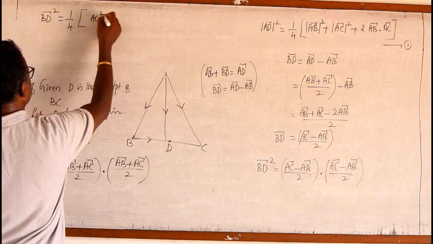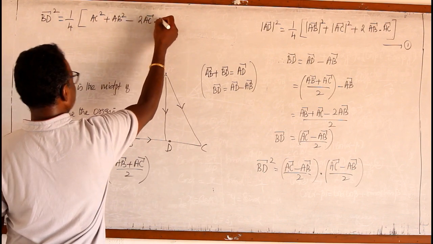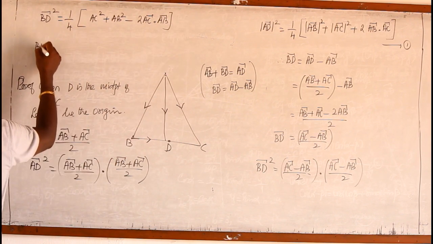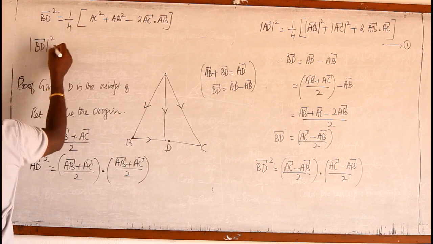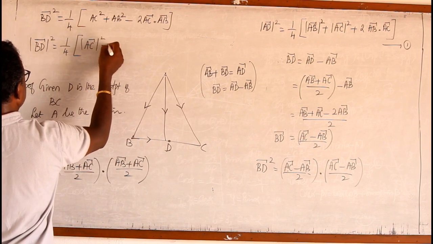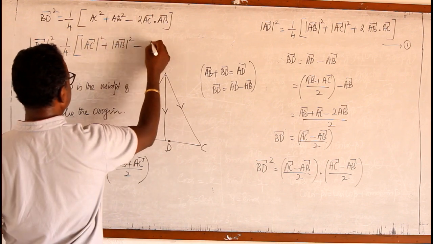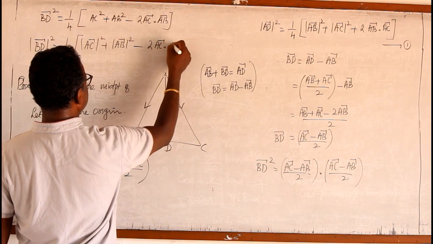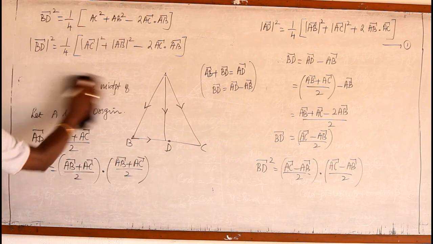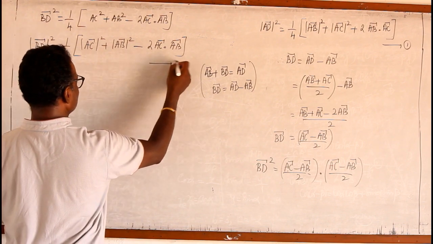So AC square plus AB square minus 2 AC dot AB. So it is BD square equal to 1 by 4 into modulus of AC square. In a square I can put modulus or I can even omit modulus, but in the dot product we cannot do anything. So AC dot AB. Now we shall add 1 and 2.